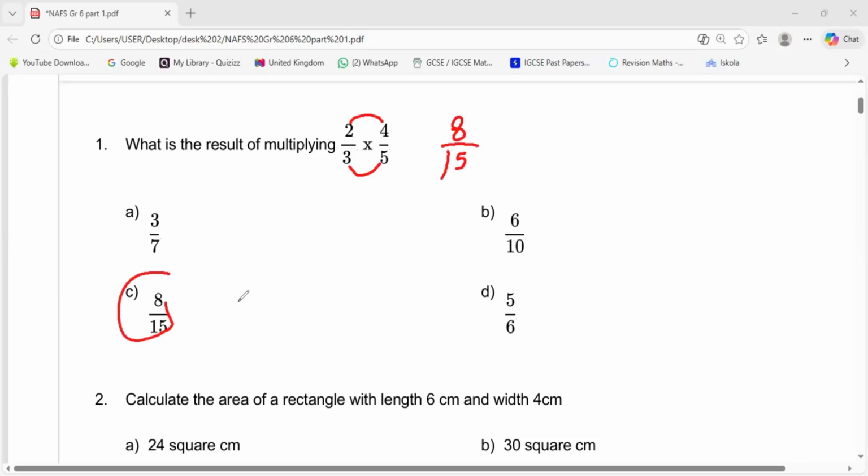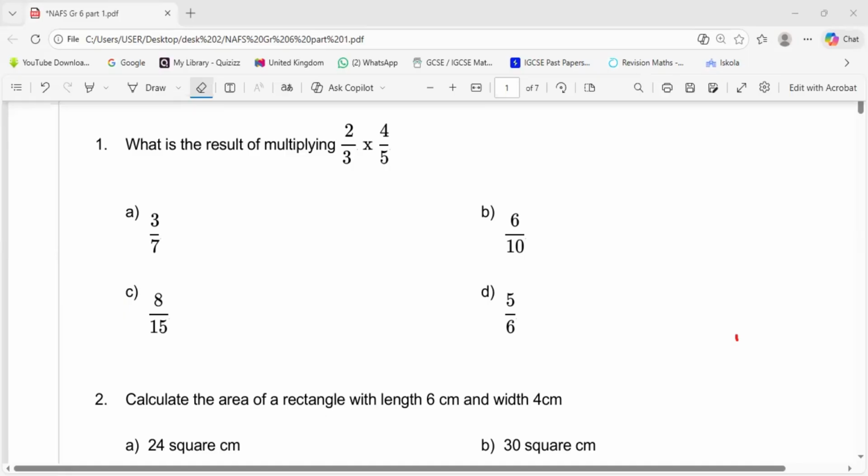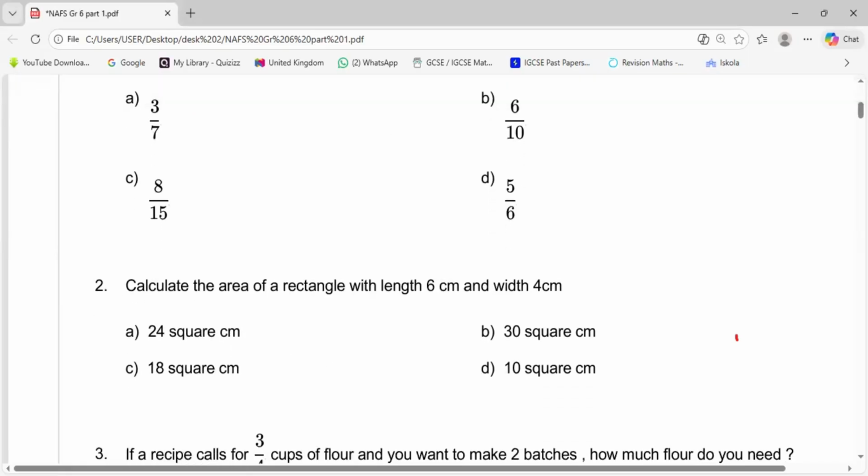The next problem. Calculate the area of a rectangle with the length 6 and width 4. You know the area equals length multiplied by width.